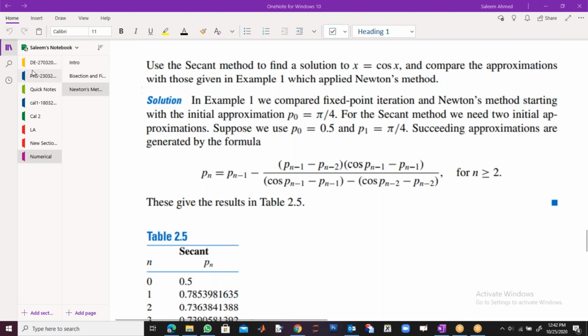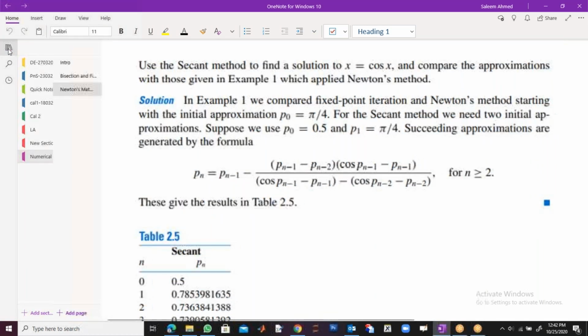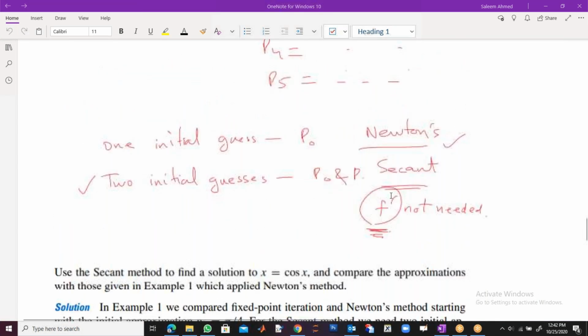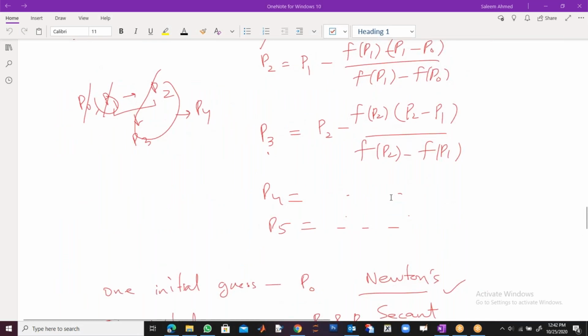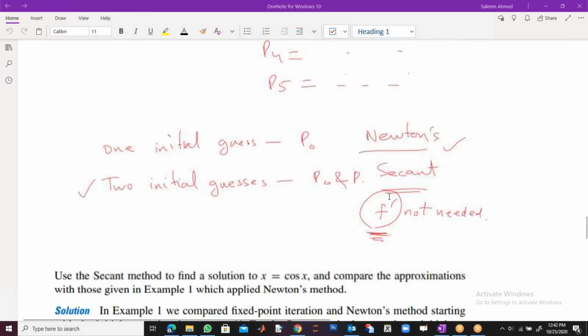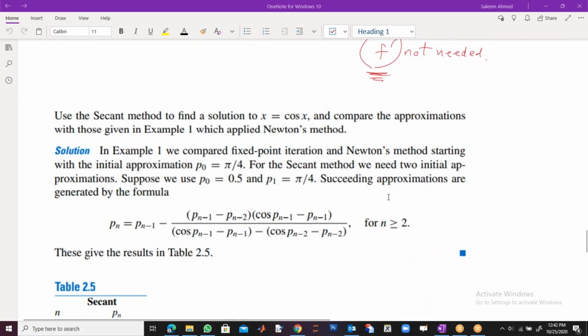Okay, so last time we studied Newton's method and secant method in the videos, right? So I think I stopped here. This was the secant method. Okay, so I will do another example here, which we did for the Newton method as well.